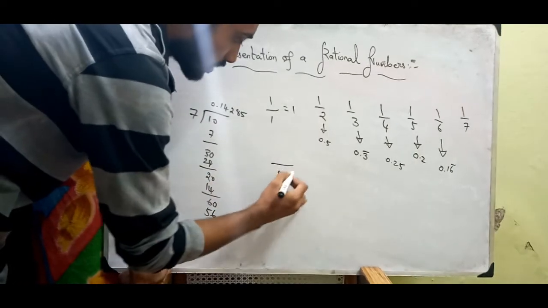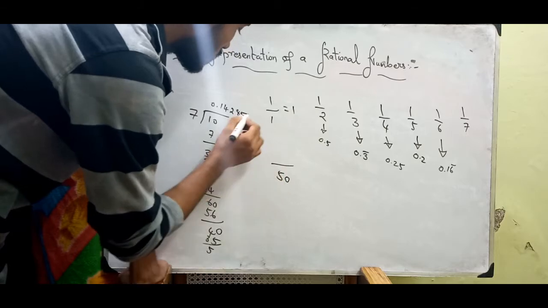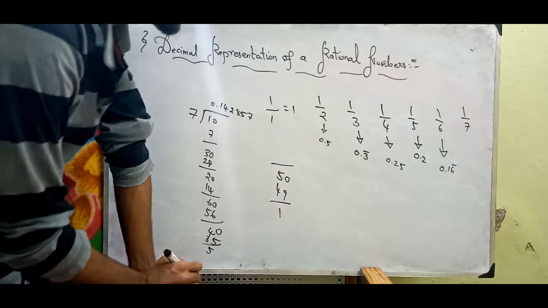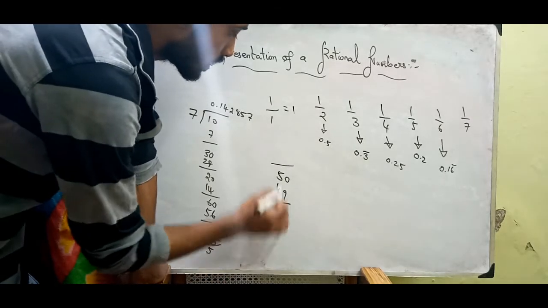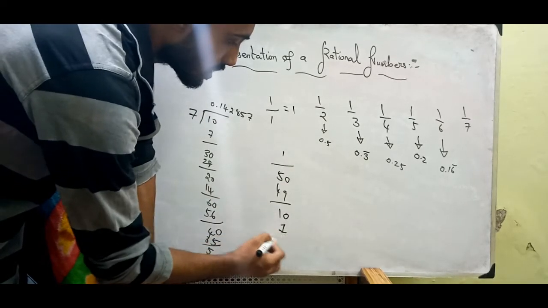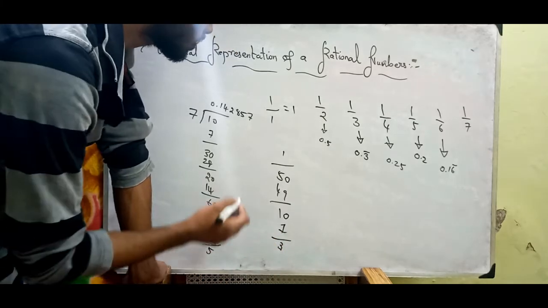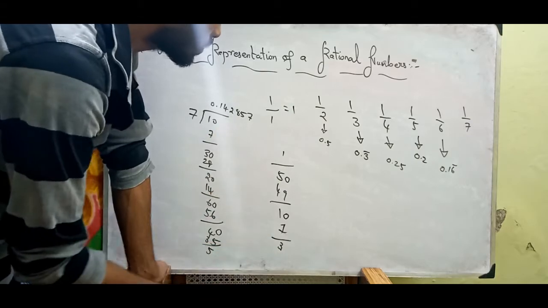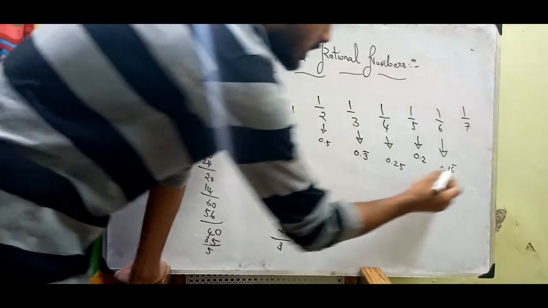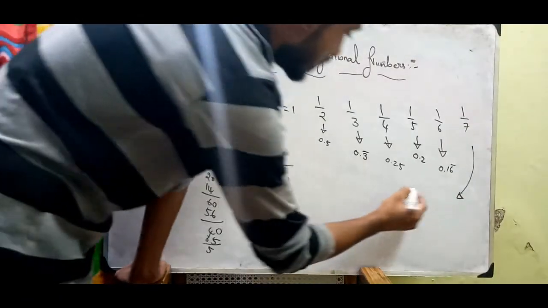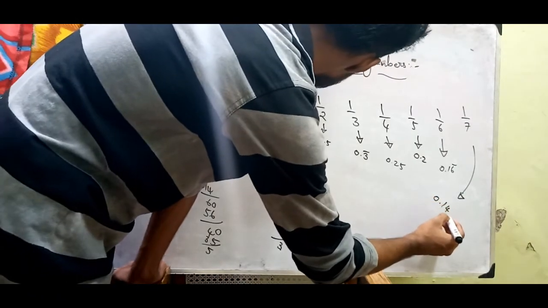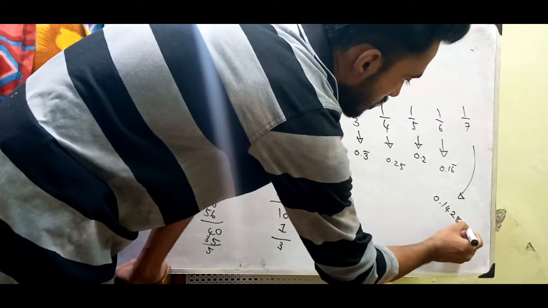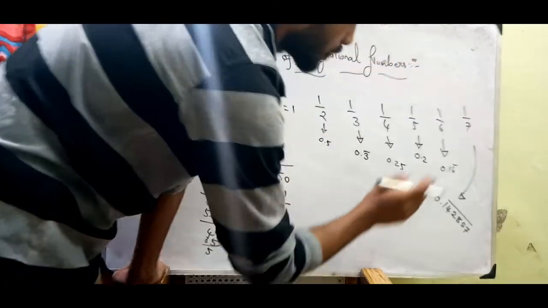Remainder 5, 50, 7 7s are 49, remainder 1, then 10 again 1, remainder 3 again, right? So 1 by 7 is 0.142857 bar.